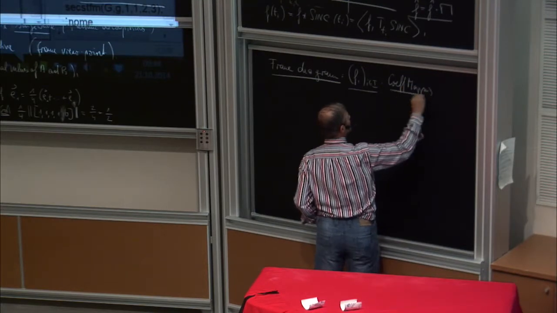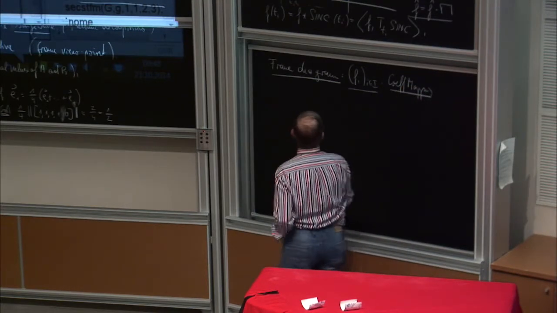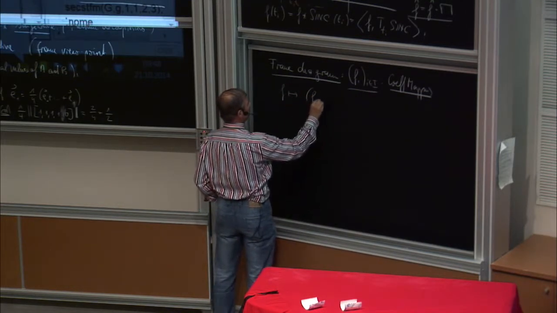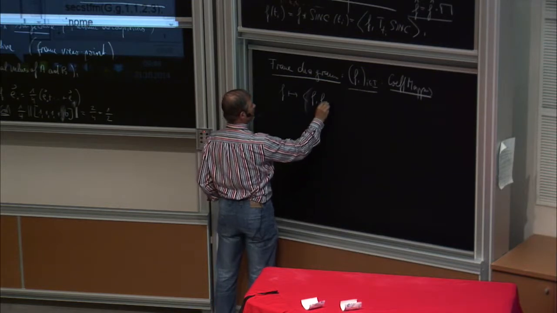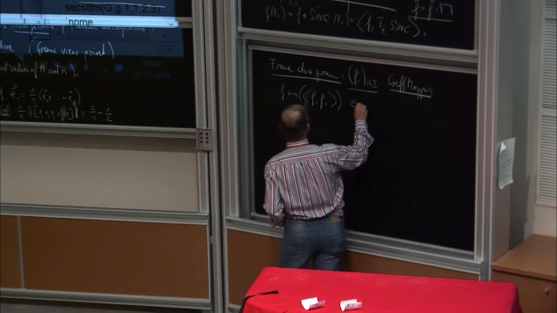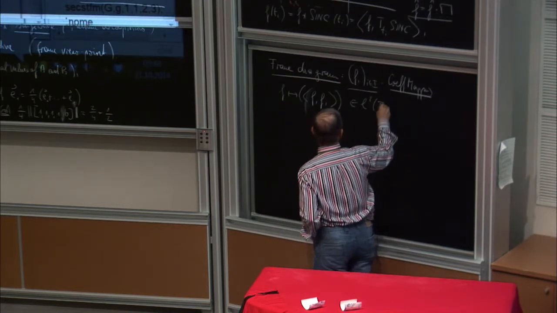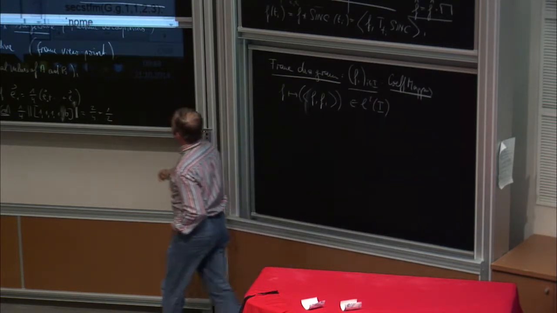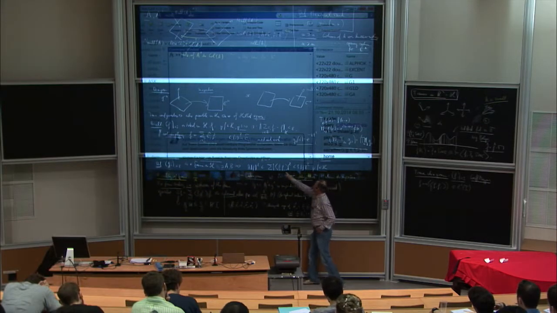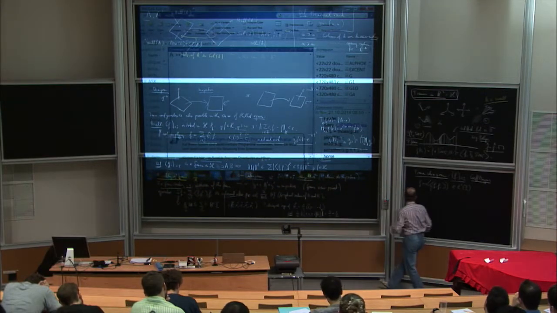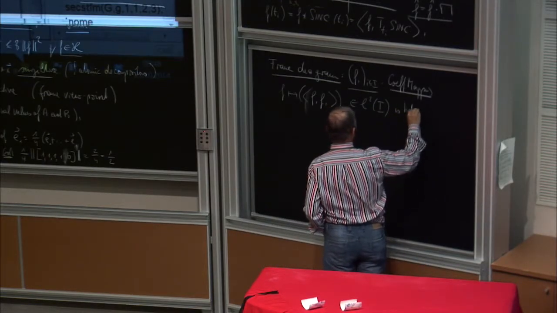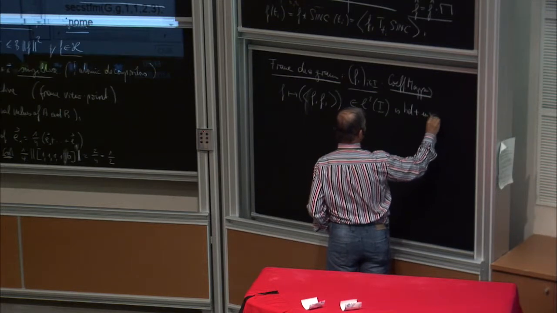Coefficient mapping is, in the sense of matrix, the A prime. So it's the mapping of f goes to f with scalar product with f_i. Now, where is this sequence? Clearly, it's in L2. That's just a reformulation of this definition. It's in L2 of the space, and we can control it: it is bounded plus injective.